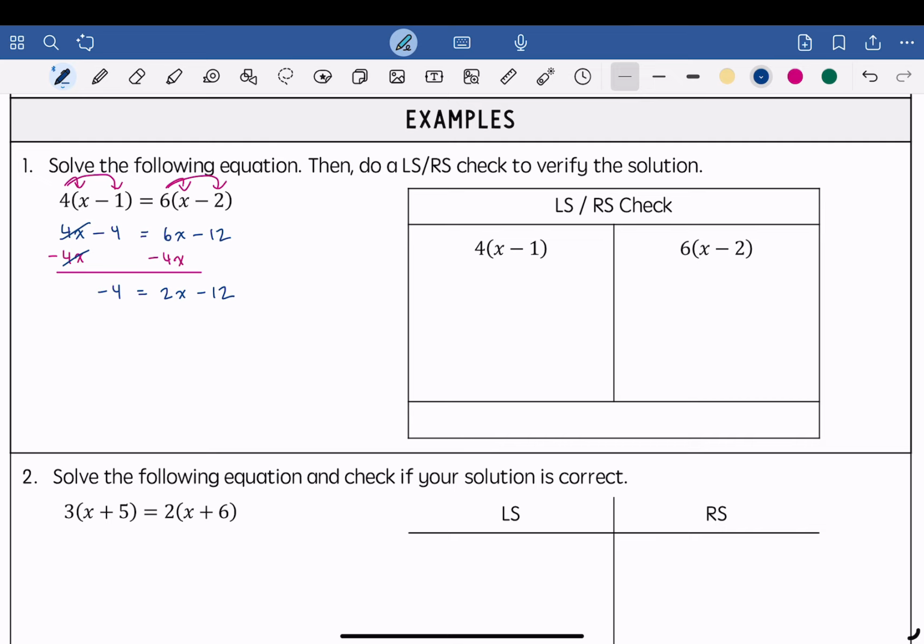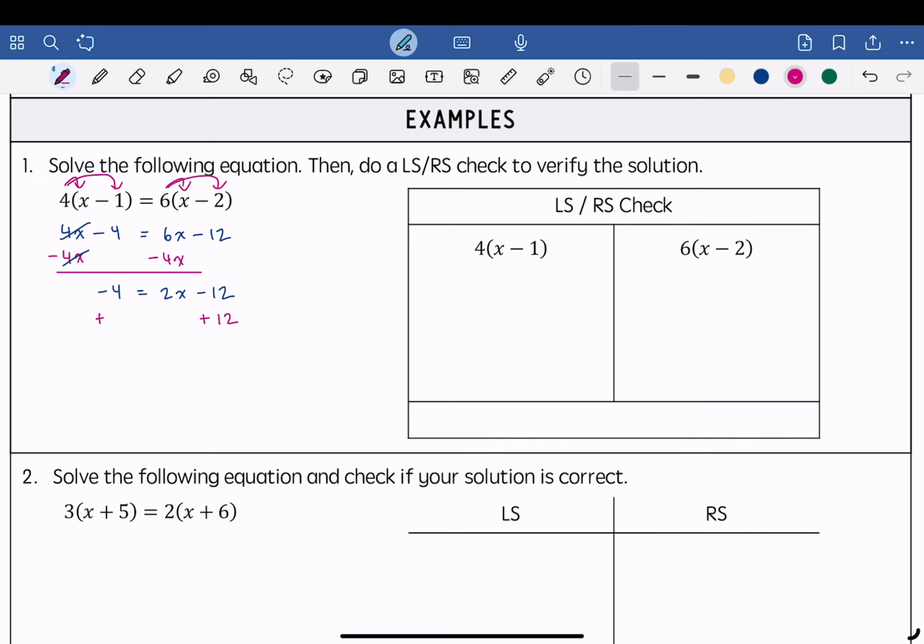Now I'm going to eliminate the constant -12 from the right side and place it on the left side. So I'm going to add 12 on both sides because the inverse operation of -12 is adding 12.